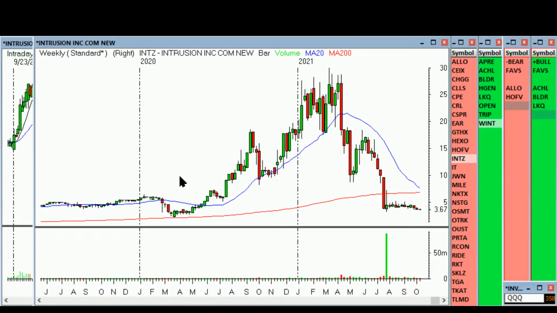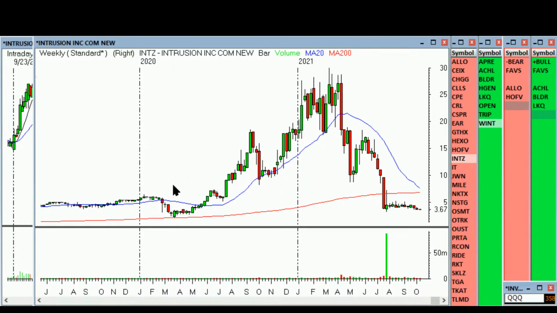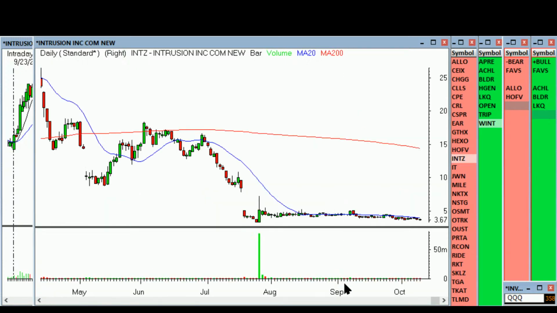Maybe 290, maybe $3 at a bare minimum. Really, it should get all the way down to here, and that's 225, 226. Okay, it's extremely thin, 42,000 shares. I just noticed. So there's no way I would call this in the newsletter.